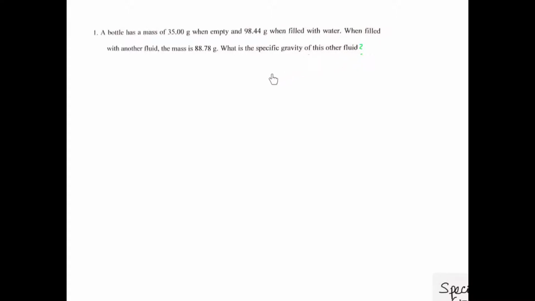Now, the idea in this problem is that both water and the fluid have the same volume because they fill the same bottle. So you can find the mass of water in the bottle by getting the difference between 98.44 and 35.